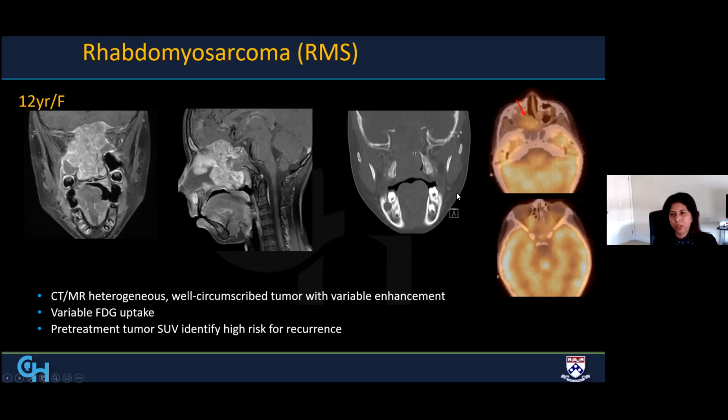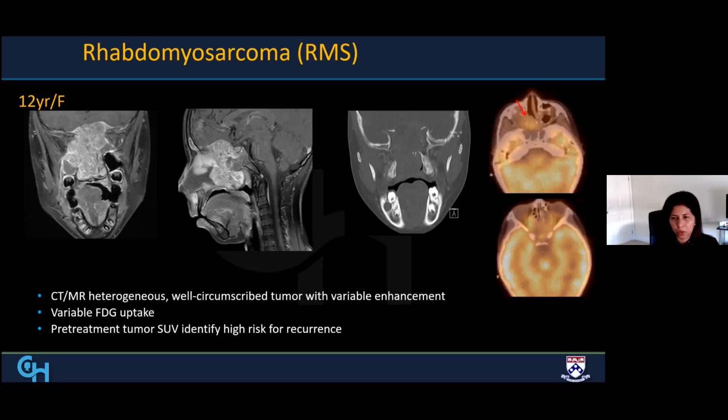Many times, because of the location, they will aim for at least some kind of partial resection, and they will need adjuvant treatment later on. The uptake is variable. These are usually heterogeneous tumors, and they do show restricted diffusion patchily in portions, and they do show enhancement most of the time.